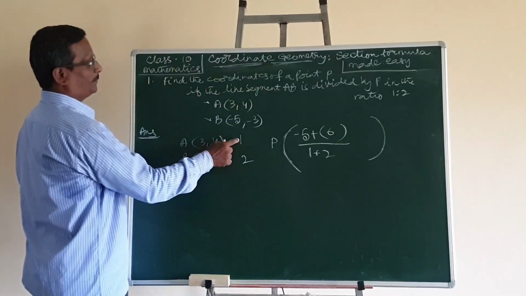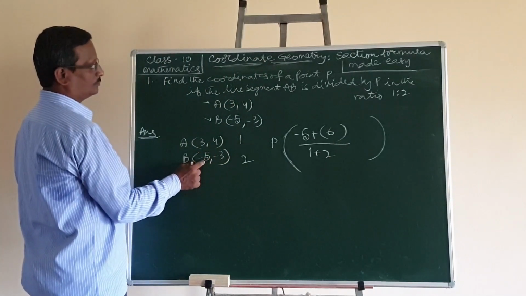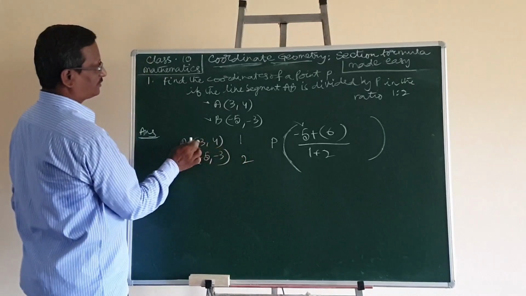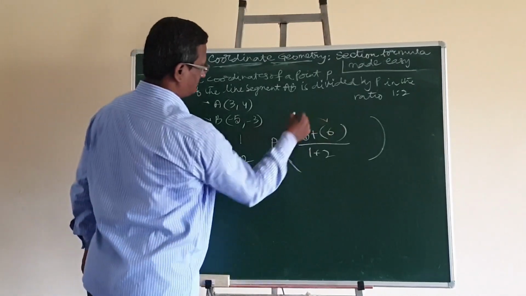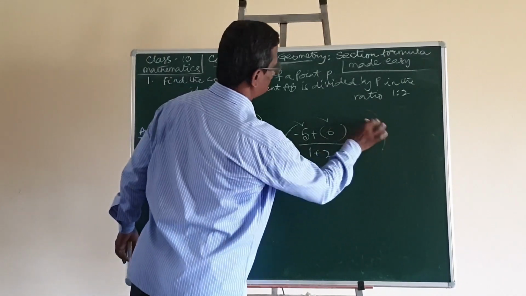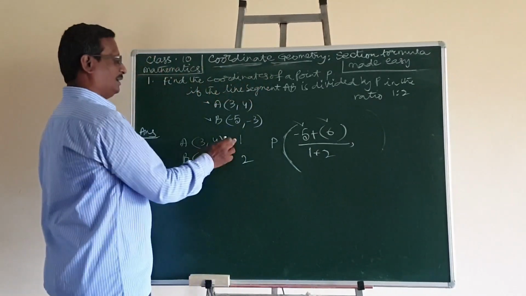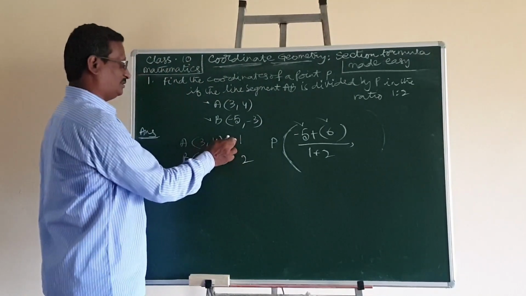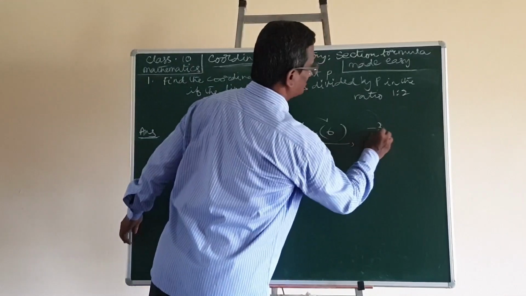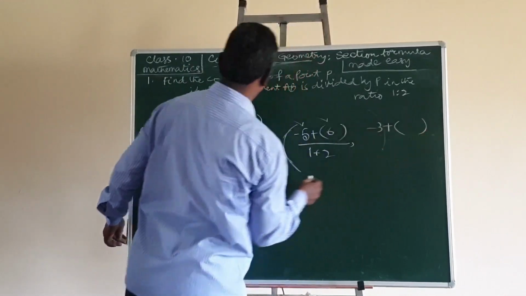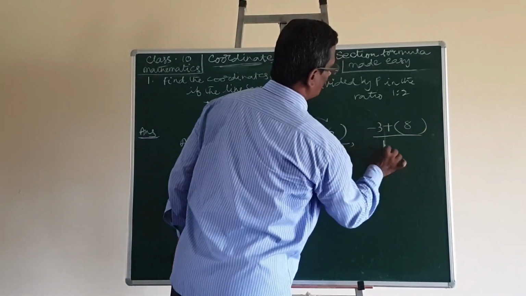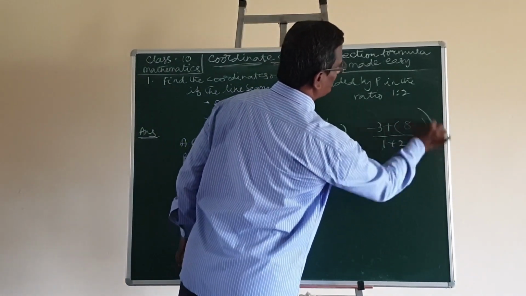Next for y coordinate, again starting is m1 with y coordinates, 1 into -3, this is -3, plus 2 into 4, 8, divided by m1 plus m2, this is 1 plus 2.